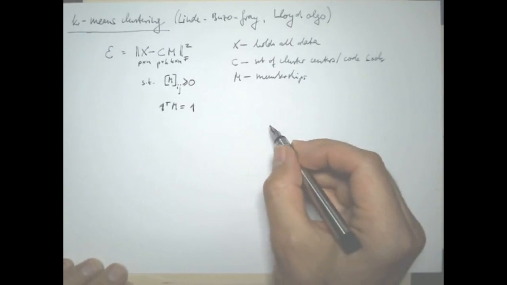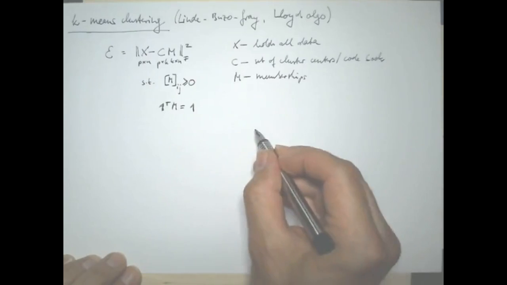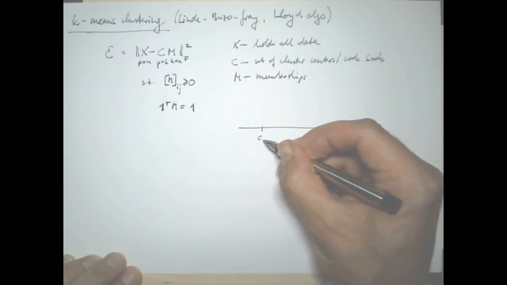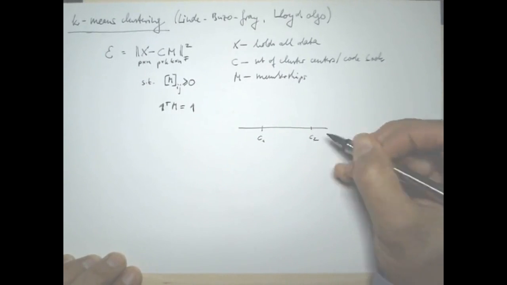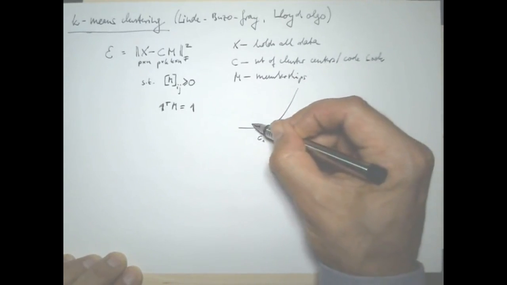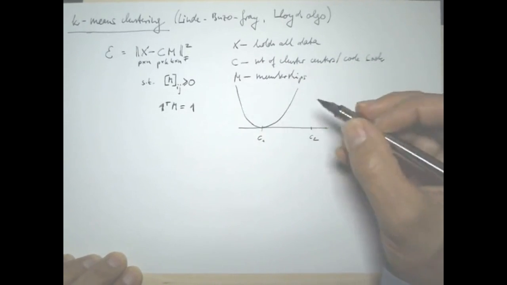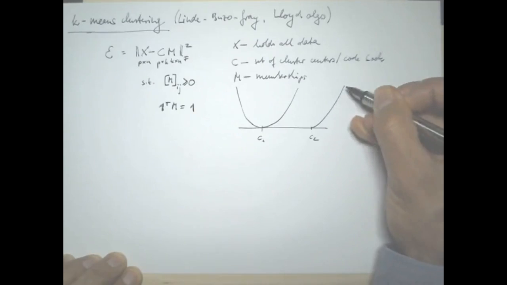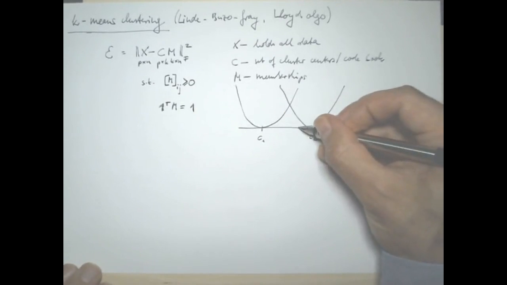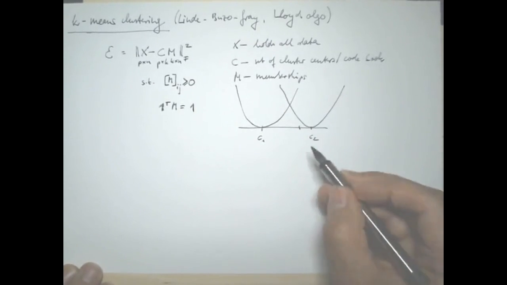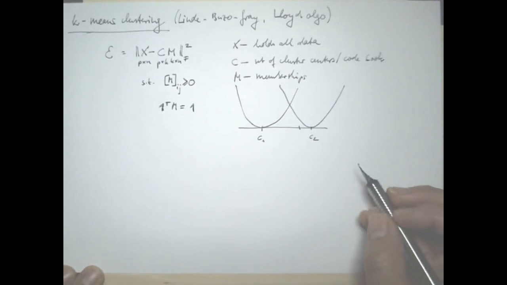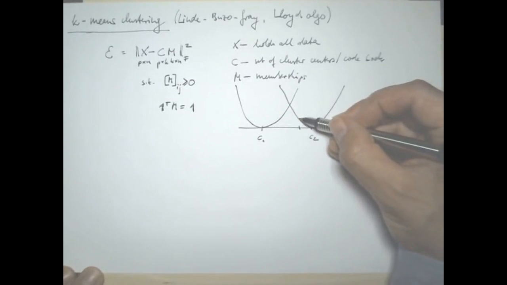If I have, so the Frobenius norm, it's a quadratic norm, and if I have a cluster center 1 here and a cluster center 2 there, and this is supposed to be a parabola, and if I now have some point here which I would like to assign to the cluster centers, if I assign it to C2, I have to pay this much.